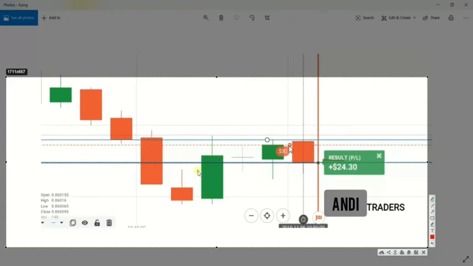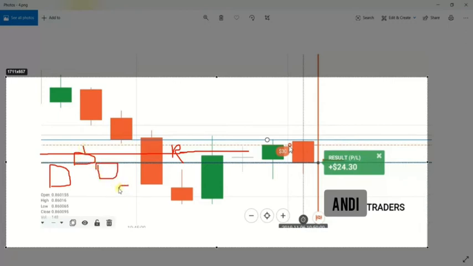So what does it mean? It means if we don't have any resistance level here, any price action in the previous market like this, we cannot trust this one because the market may reverse again.